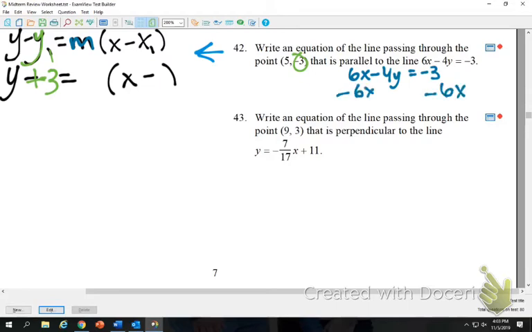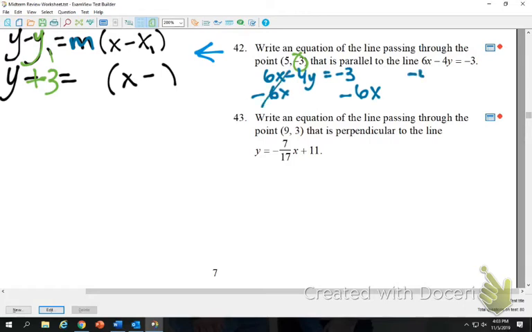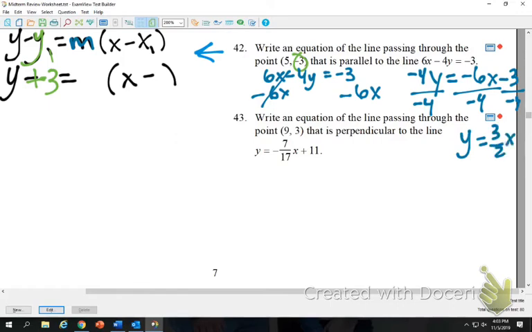So I subtract 6x. Remember that you can't subtract a letter and a number, so you're just going to write them next to each other. Divide by negative 4. y equals 3 over 2 x, and the rest doesn't matter. My new slope is going to be 3 over 2, because it's parallel to my old one. So parallel means the same slope.